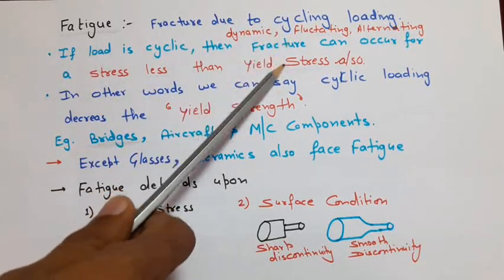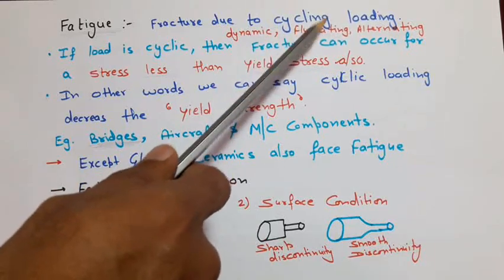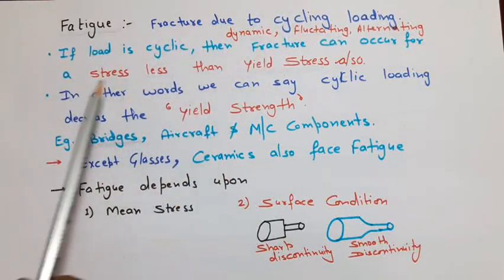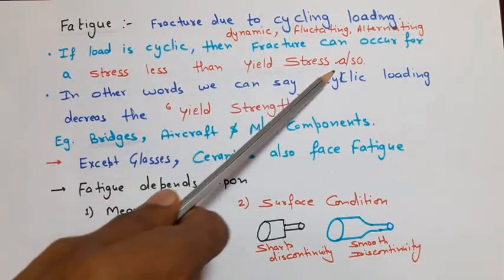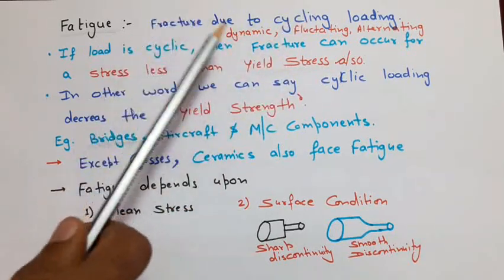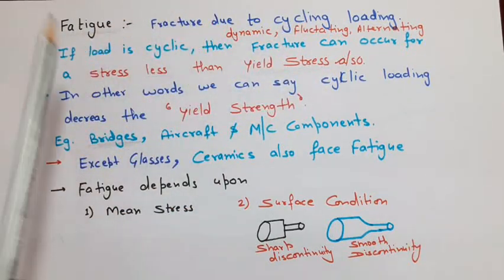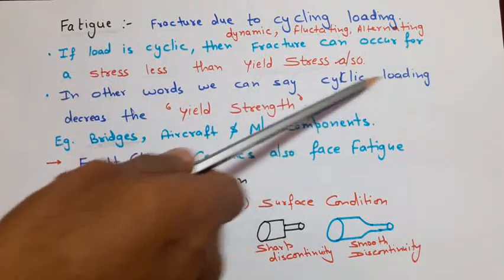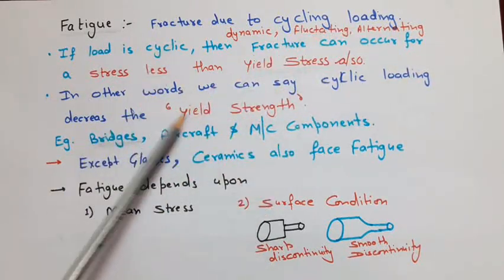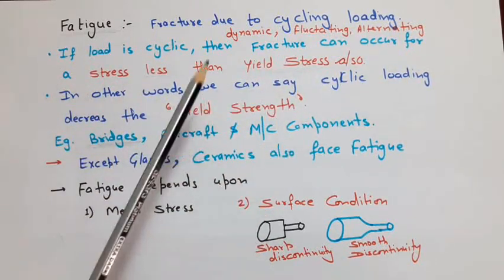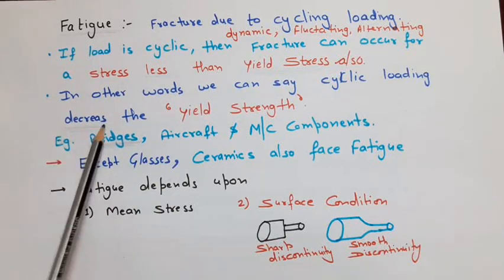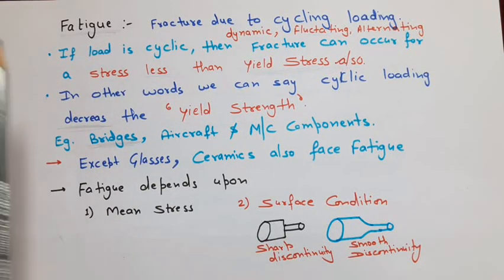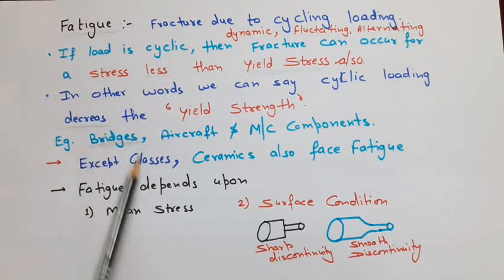But in case of dynamic or fluctuating loading, if we apply a stress which is lower than its yield strength, still fracture can take place. Therefore, we can say for dynamic or fluctuating loading, the resultant yield strength of the material or any structure is decreased. The fatigue phenomenon is experienced by all metals and all ceramics except glasses.